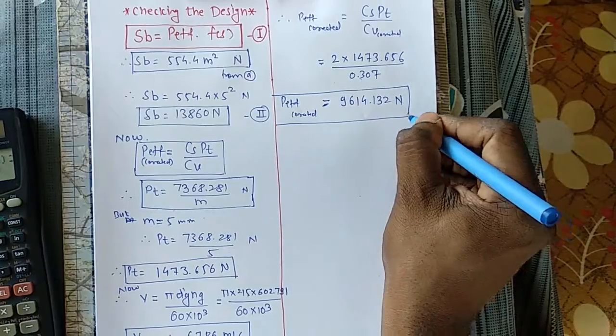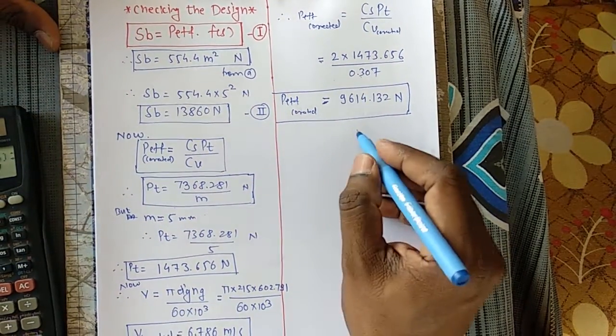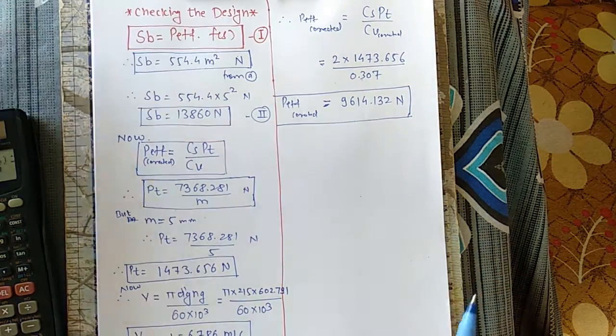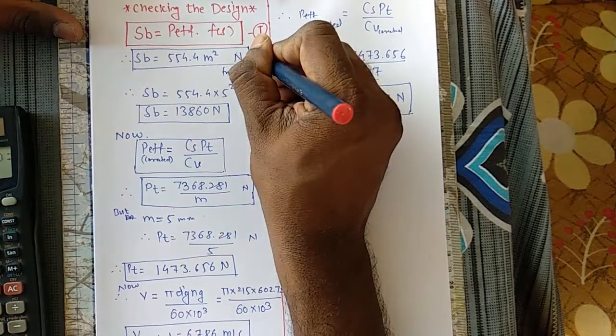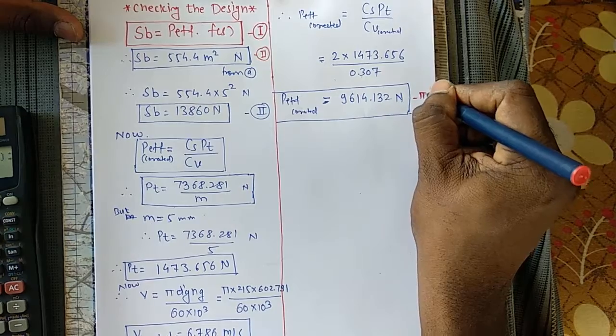This is the value for P effective. I will call these beam strength equation 2 and P effective equation 3.